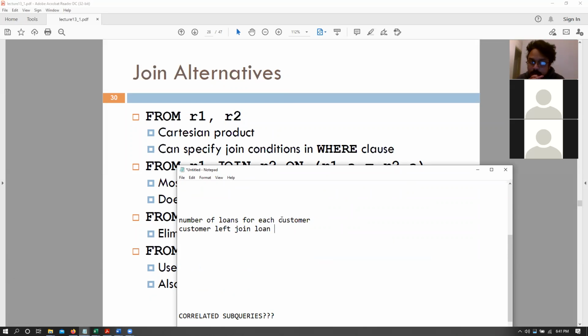Are we allowed to remove this? And what happens if we are allowed to do this, or are we not allowed to do this at all? Tell me. And that applies the same for right join, and full join is not there. So left and right.